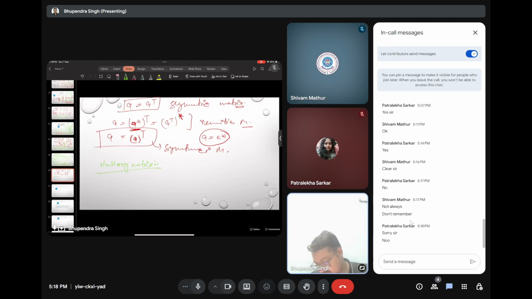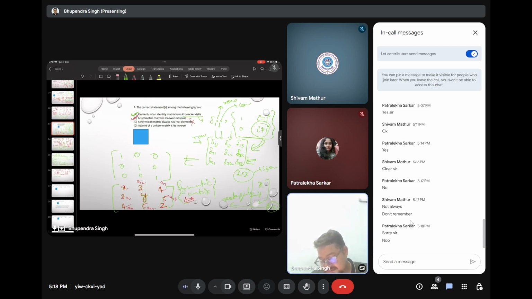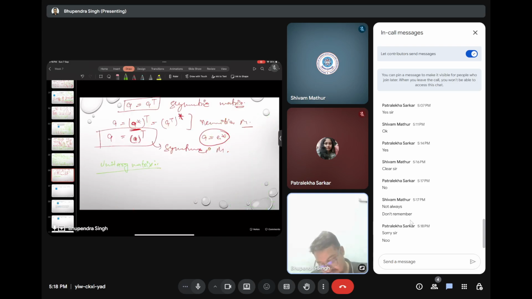So okay, adjoint of a unitary matrix, is it the inverse? So a unitary matrix is one where A times A Hermitian, the conjugate transpose of A, will give you the identity matrix.